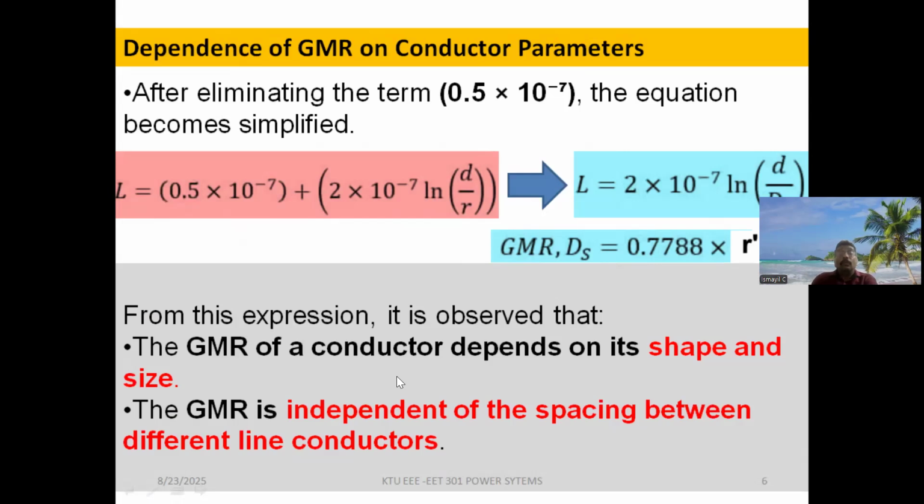Now we will see the effect of this GMR on conductor parameters.